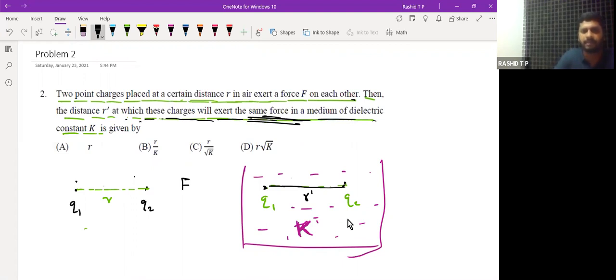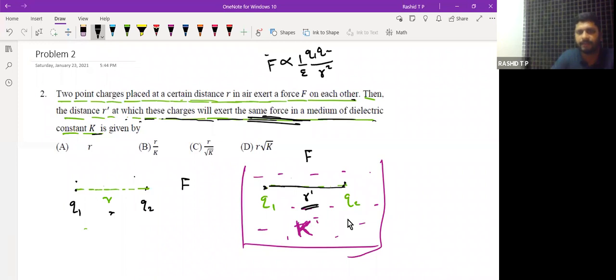Then the distance r dash at which these charges will exert the same force in a medium of dielectric constant K. The same force means here we know that the expression for the force F is proportional to the product of the charges and inversely proportional to the square of the distance, and also inversely proportional to the permittivity of the medium. These are all the factors. Here the distance r is changed, so definitely the force will change.